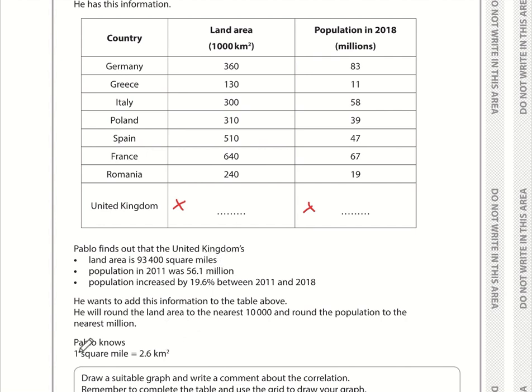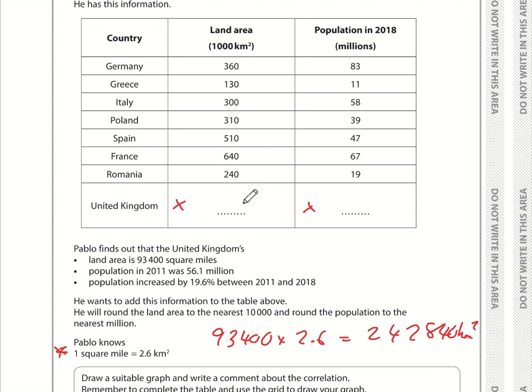Now we've been told that 1 square mile is 2.6 kilometres squared, so therefore the UK's land area in kilometres squared is going to be 93,400 multiplied by 2.6, and that is 242,840 kilometre squared.